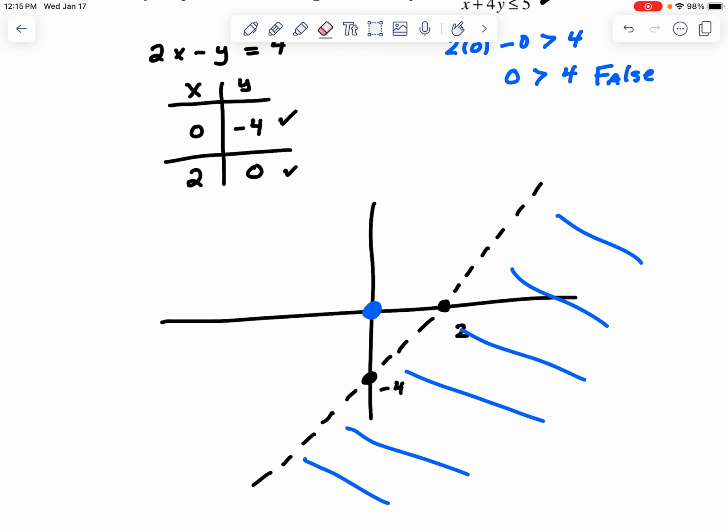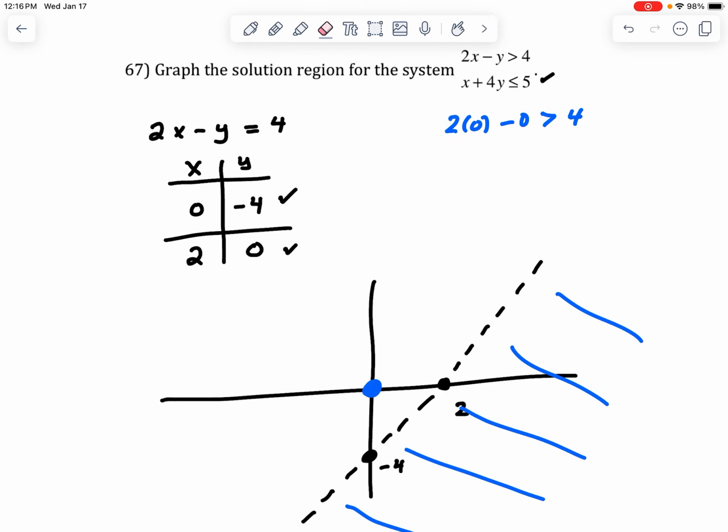Now we basically just repeat the process with the other line. So for that one, it's x plus 4y, and for now just change it to an equation. And again, just make a little table of values.